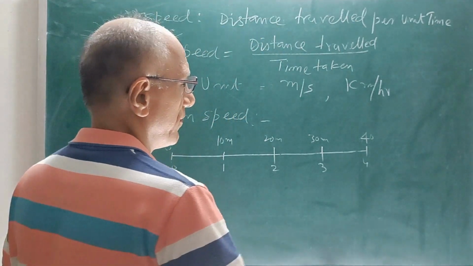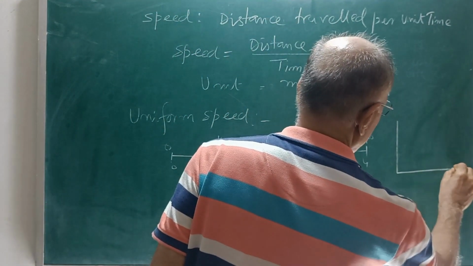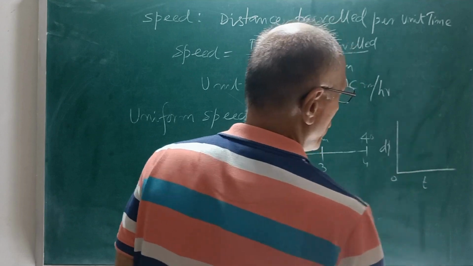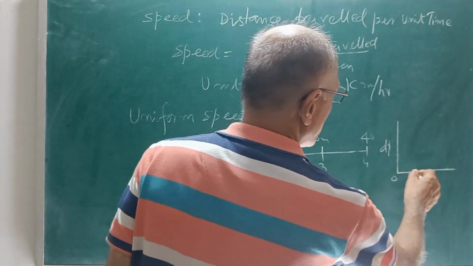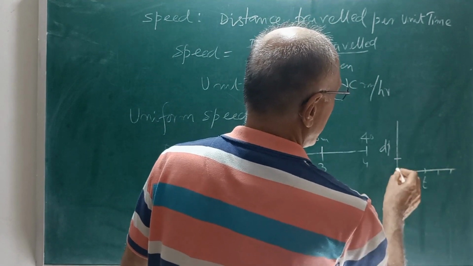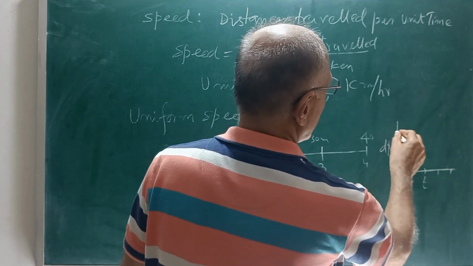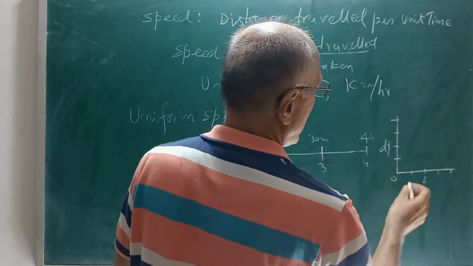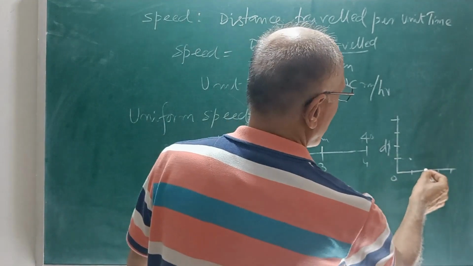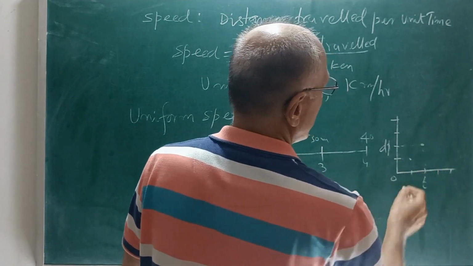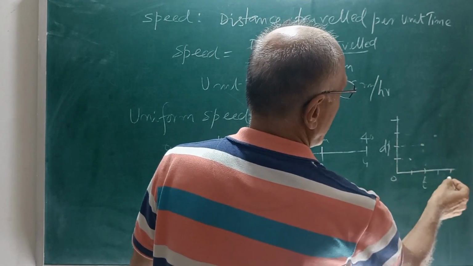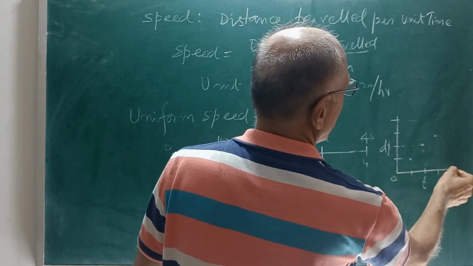If you try to draw the distance-time graph, with distance on one axis and time on the other, it is 0 at the origin, then 1 second, 2 second, 3 second, and 4 second. The distances are 10 meter, then 20, then 30, and then 40. So in 1 second it is traveling 10 meter, in the further 1 second it is traveling 10 meter, in the third second also 10 meter, and in the fourth second also 10 meter.